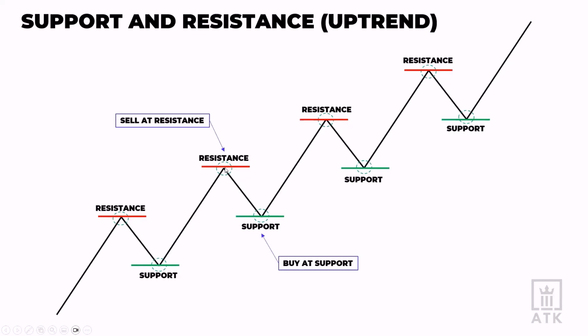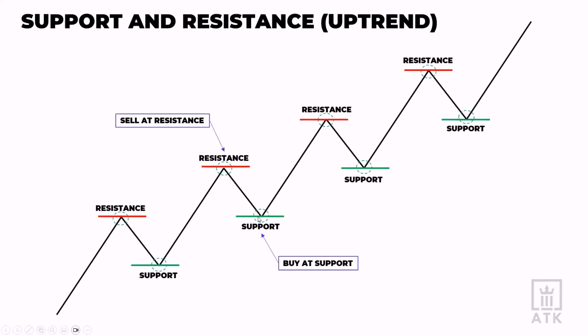So there's the resistance, and price starts to do, the bulls start showing signs of exhaustion. We're exhausted up here. We can't push up any higher. We're trying to close above this and we can't. That's a good place to sell. And so we sell at resistance and it falls until it reaches support.